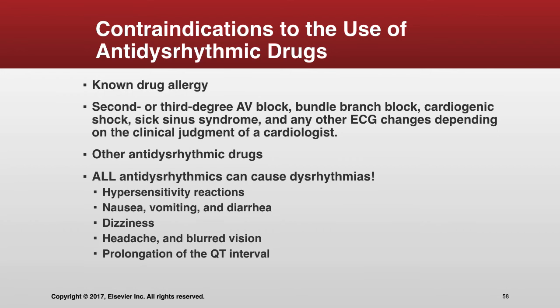Other antidysrhythmic drugs would mean that we wouldn't want to give these on top of them. All antidysrhythmic drugs can cause dysrhythmias. And adverse effects can be hypersensitivity reactions, nausea, vomiting, diarrhea, dizziness, headaches, blurred vision, and prolongation of the QT interval.